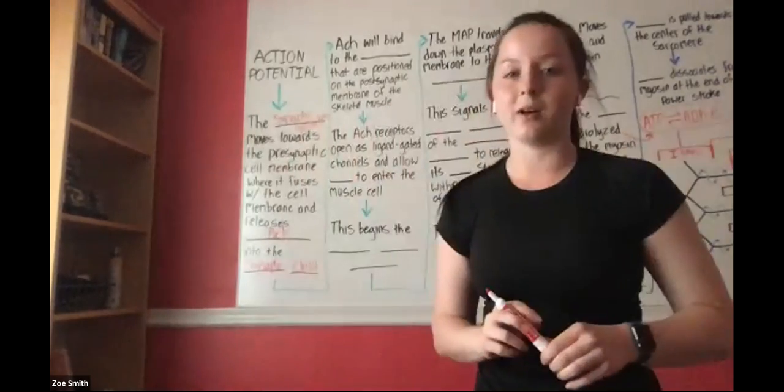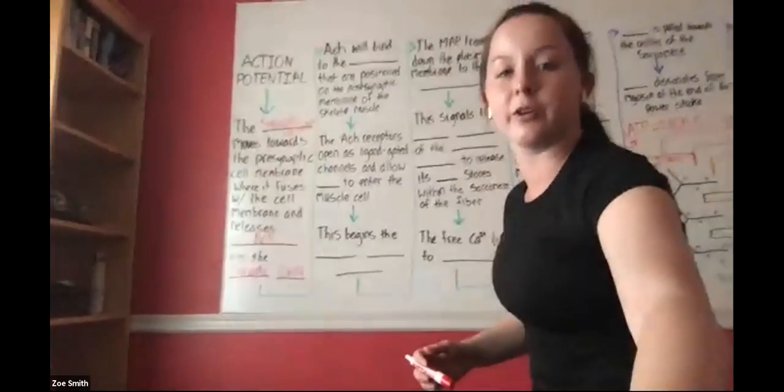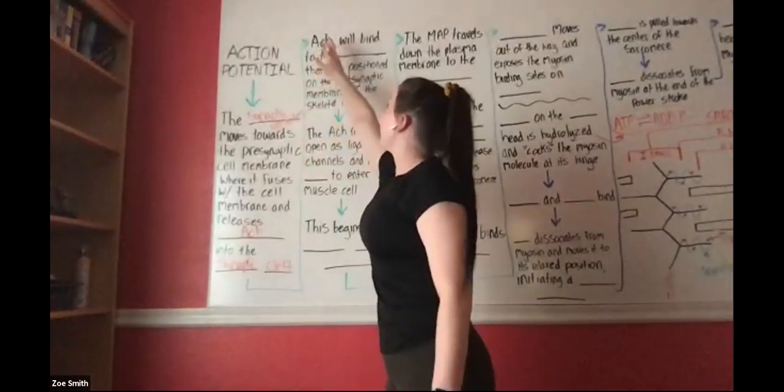Yes, this is also detailed in your lab manual, so if you want to follow along, feel free to do that. From there, if you follow the arrow, you'll notice it goes up here.